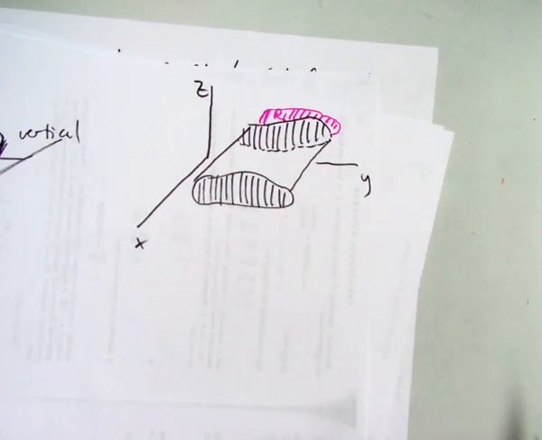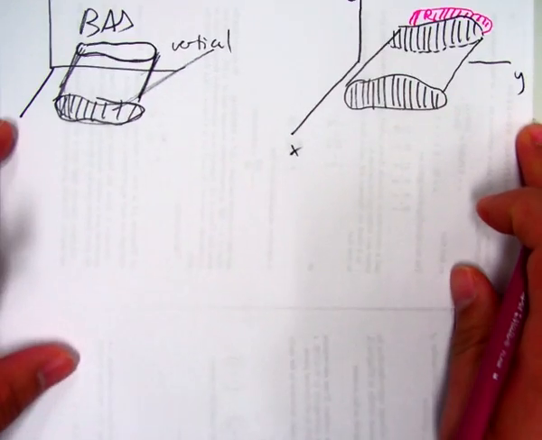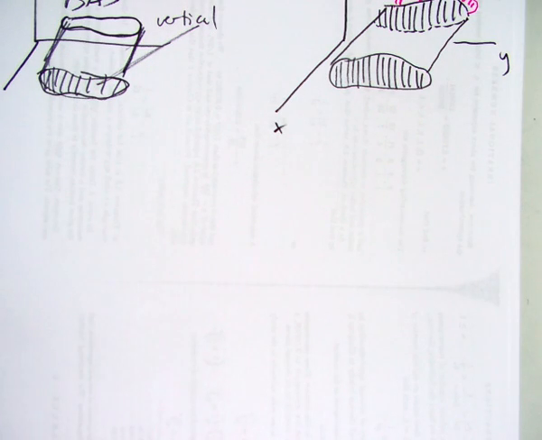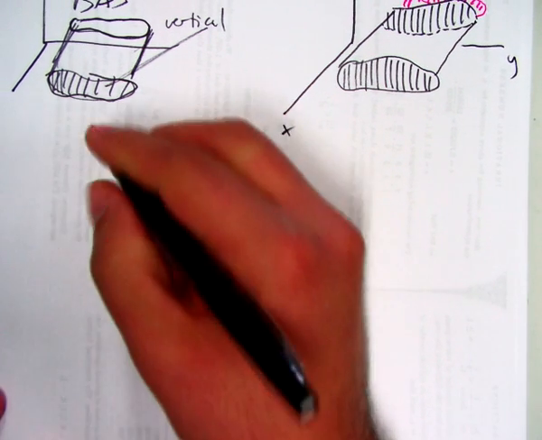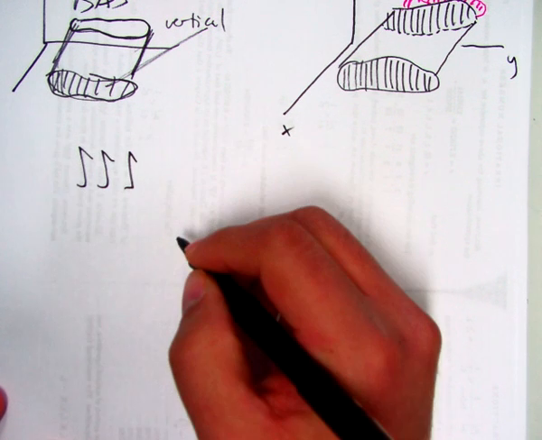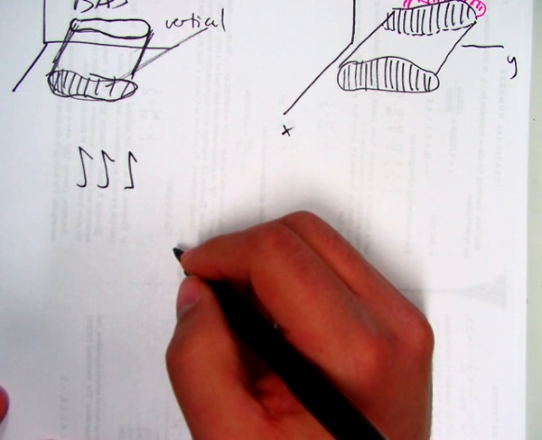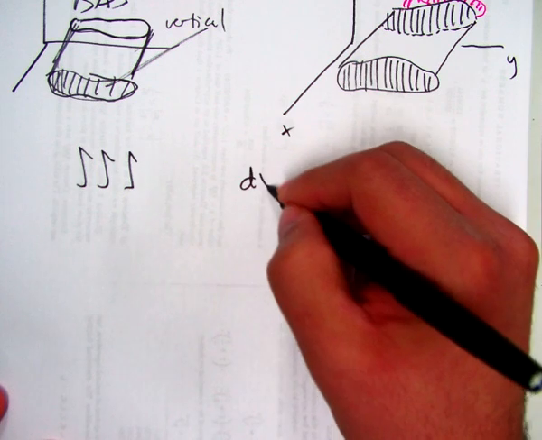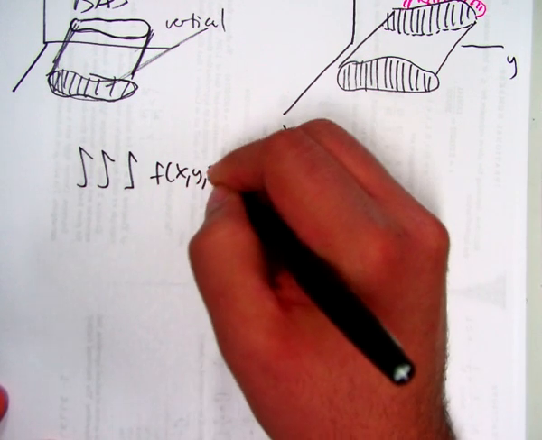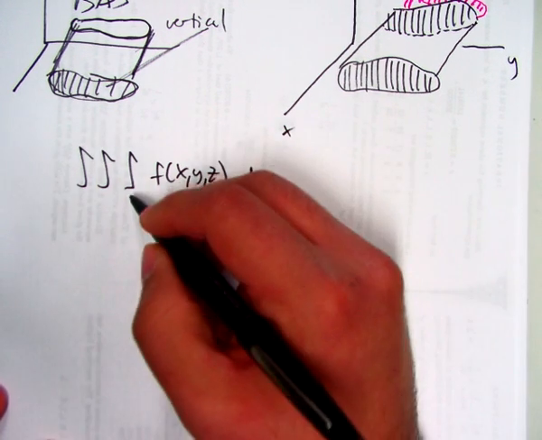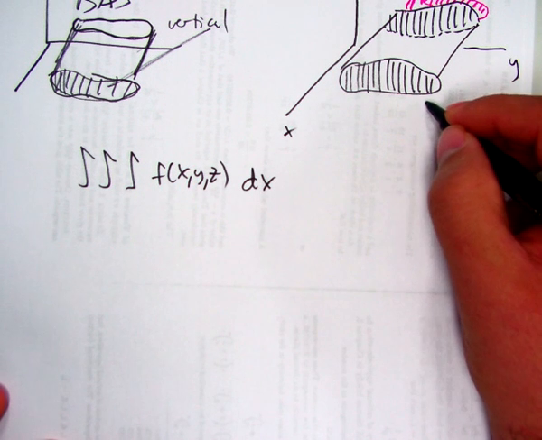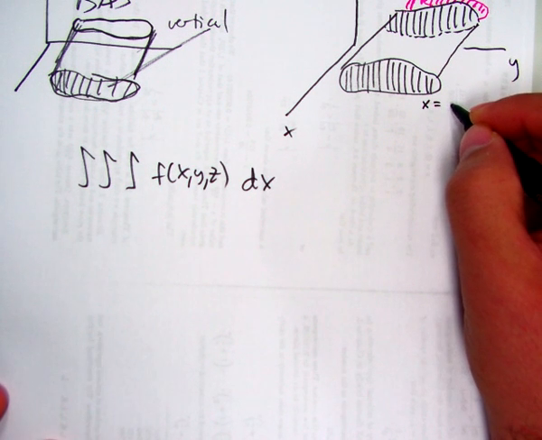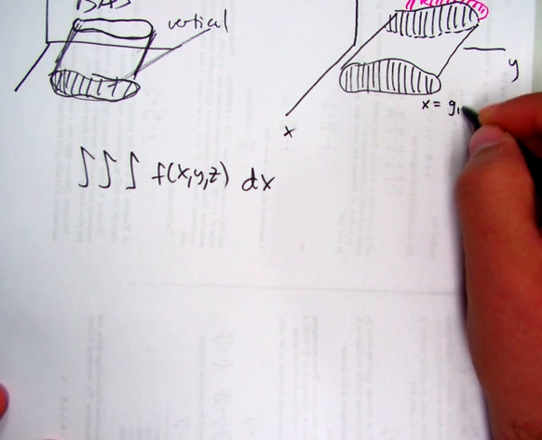Okay? If that's the case, then the only thing that we're going to switch is how we integrate. What integral would I set up on the inside? dx first. And then the bounds here would be x equals a function of, actually let's make this g2, of what variables?